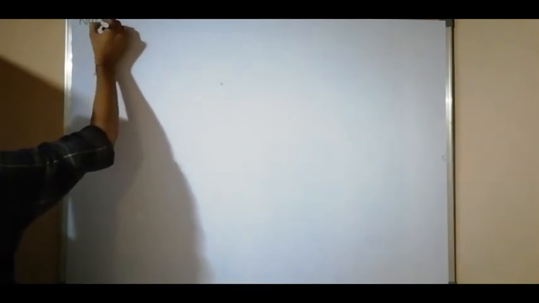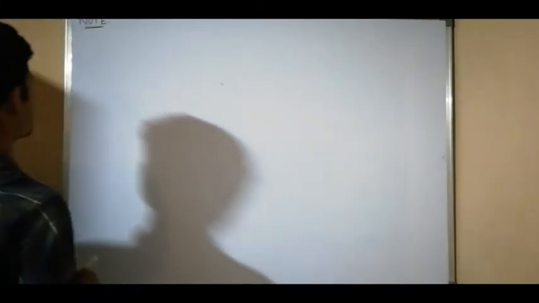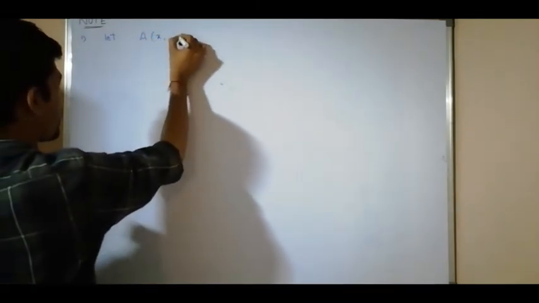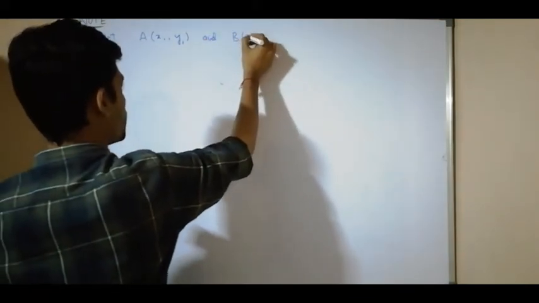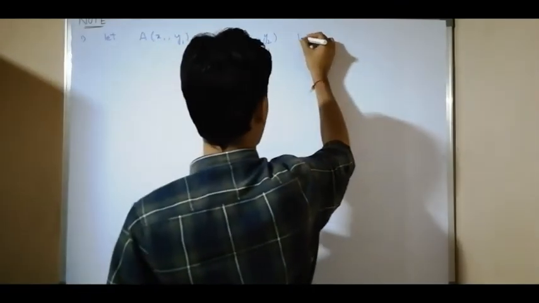Note, first one: let A of x1 comma y1 and B of x2 comma y2 be two points.